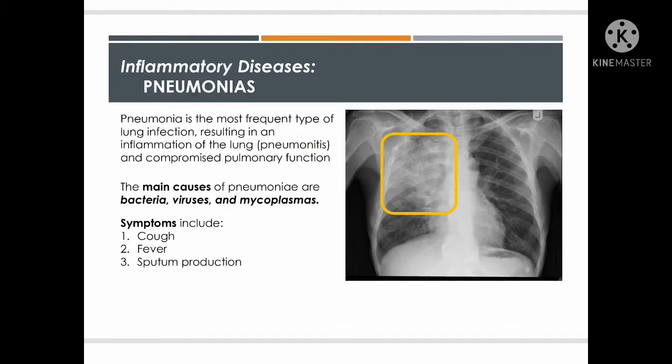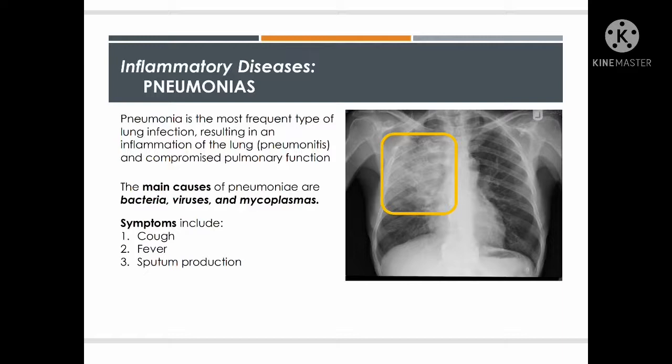The inflammation may affect the entire lobe of a lung, called lobar pneumonia, a segment of a lung, called segmental pneumonia, the bronchi and associated alveoli, called bronchopneumonia, or interstitial lung tissue, called interstitial pneumonia. Chest radiography is important in determining the location of inflammation, with the pneumonias appearing as soft, patchy, ill-defined alveolar infiltrates or pulmonary densities.